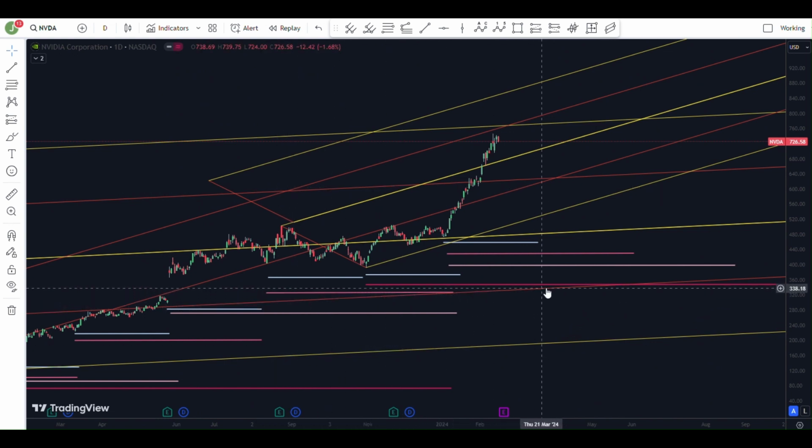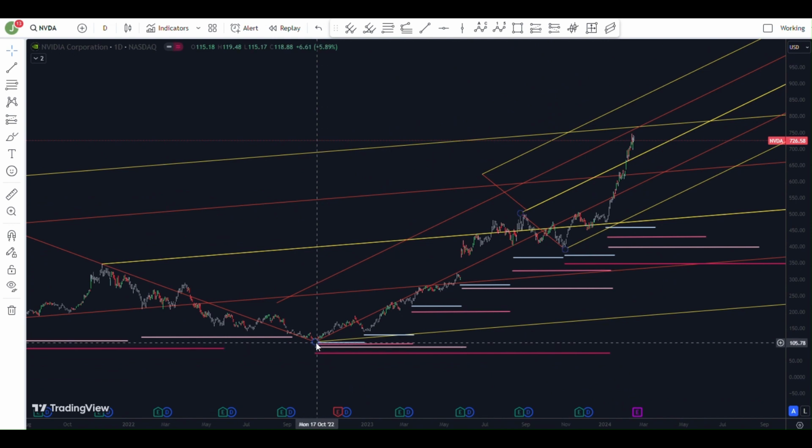It's this median line, but it's double the range, and we did actually get an interaction here at this median line set. It stumbled for a bit before finally breaking out. And so I think we might find resistance at the upper warning line of the doubled range.